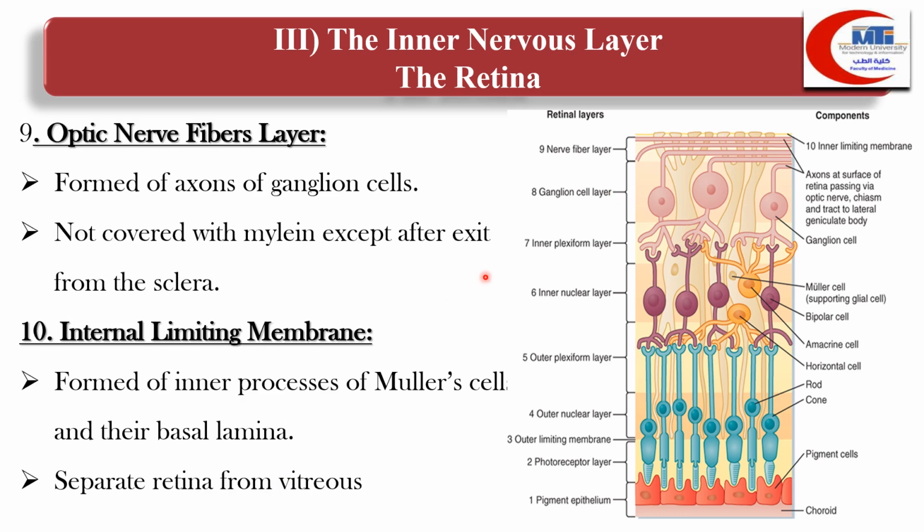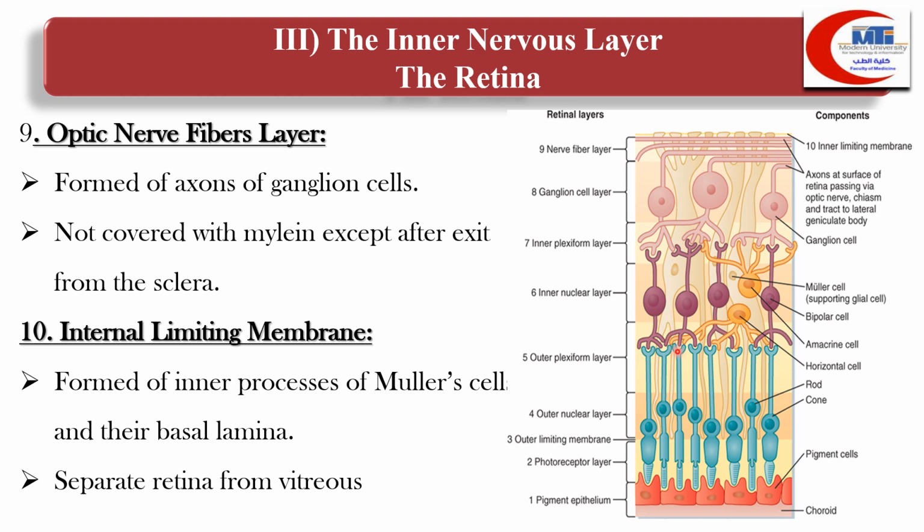The optic nerve fibers layer is formed of the axons of the ganglion cells. They are unmyelinated nerve fibers, becoming myelinated only after they exit from the sclera.